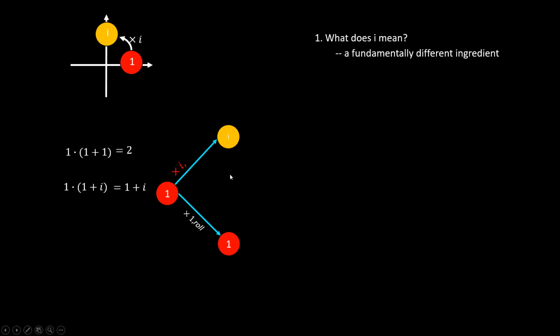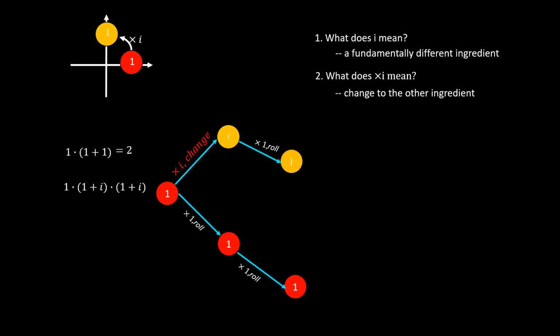Then, what does times i mean? It changes one thing into another. So this multiplication by i changes from one ingredient into the other. And if we multiply by 1 plus i again, the times real number keeps things unchanged.